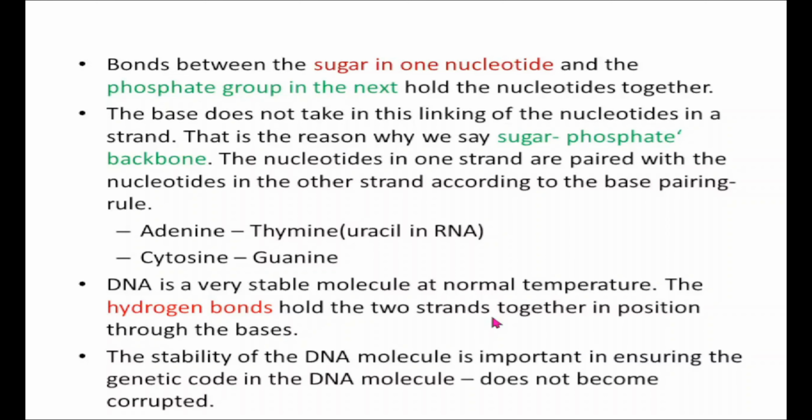The stability of the DNA molecule is important because it ensures the genetic code in the DNA molecule does not become corrupted. There is easily no error formation during DNA replication. This is because of these features.